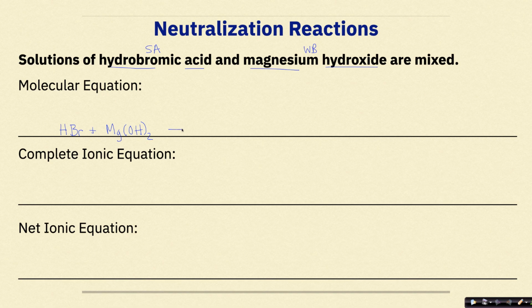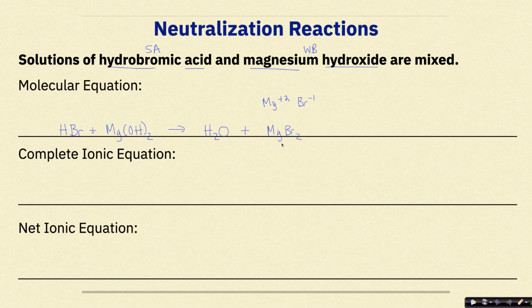And when I do a double replacement reaction on this, the hydrogen is going to go with the hydroxide, which is going to give me water, H2O, because we know in all of these water is going to be a product. And then I have Mg 2+ and Br - to give me MgBr2.